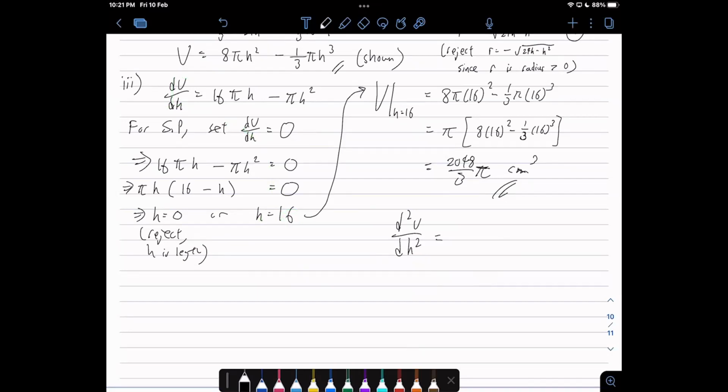Correct. Good, equals 16 pi minus 2 pi h. Then sub h equals 16 into that.